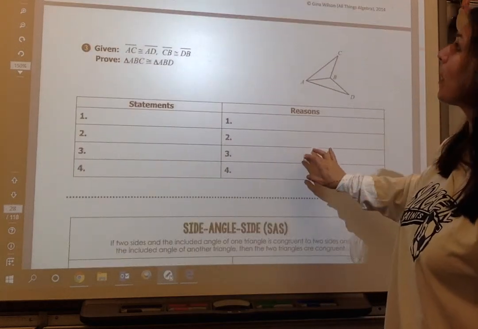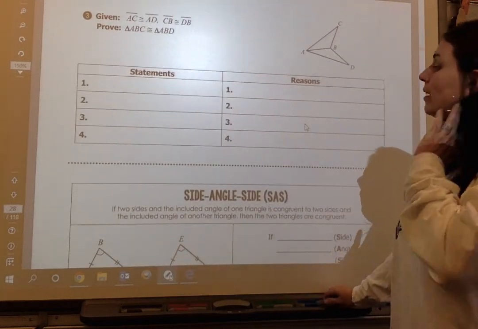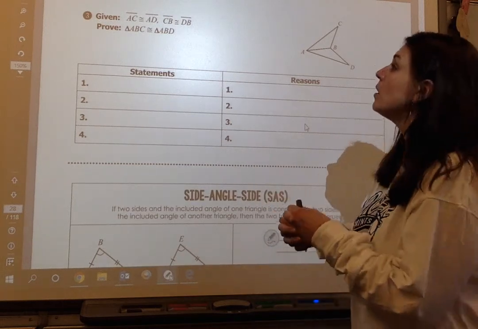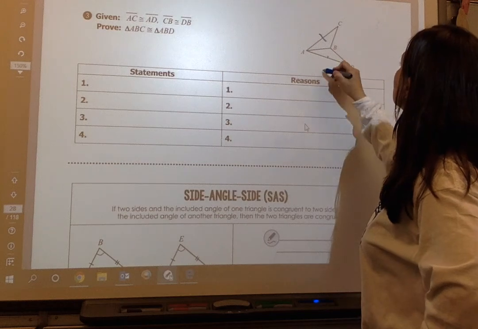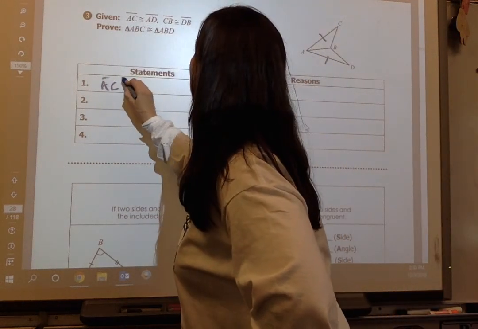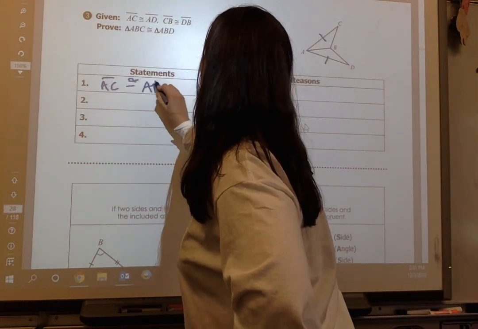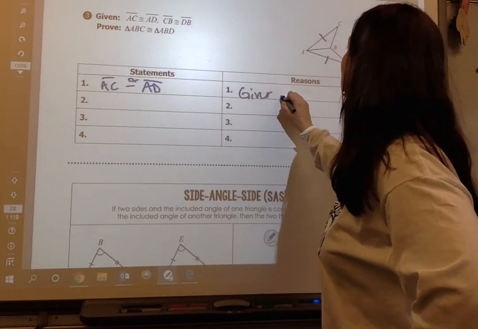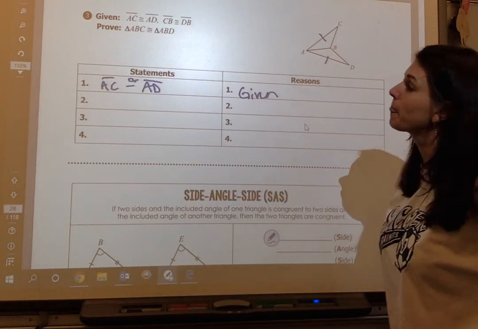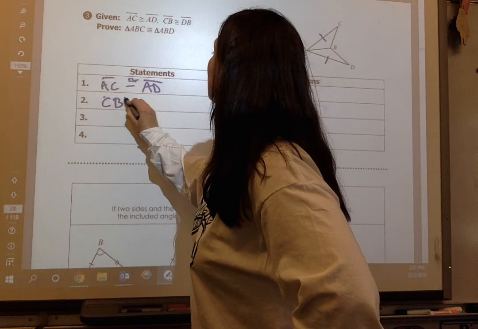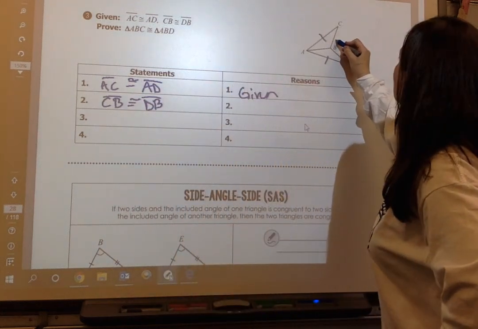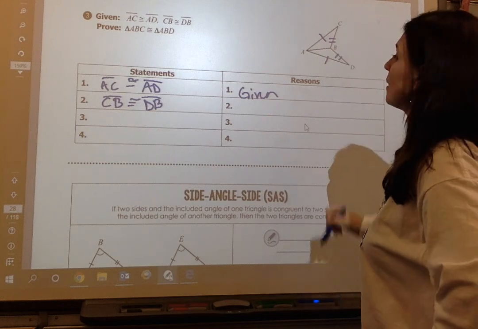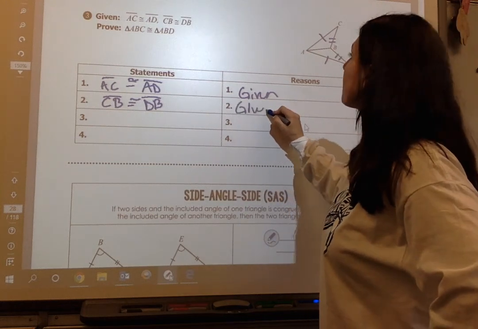Let's look at number 3. All right, now we're filling in the blanks. So AC is congruent to AD. That is given to me, and notice I made my marks on the paper. CB is congruent to BD, and that is given to me.